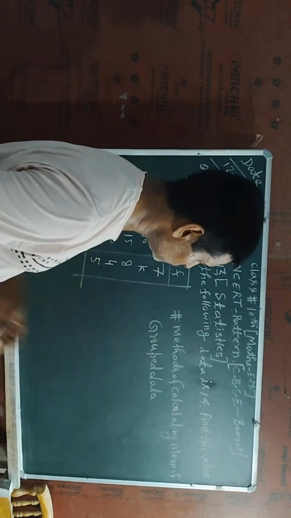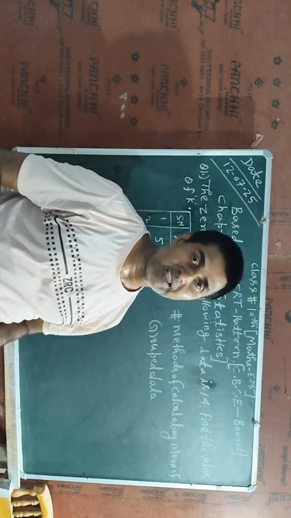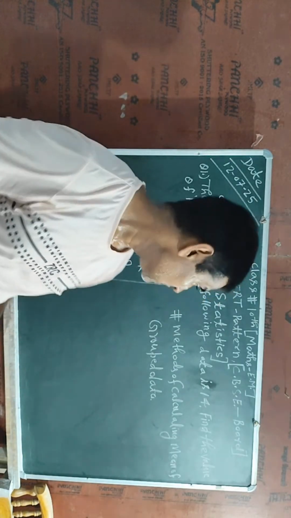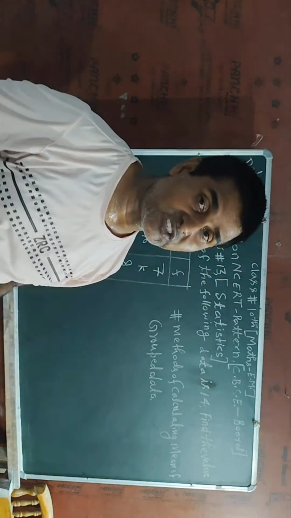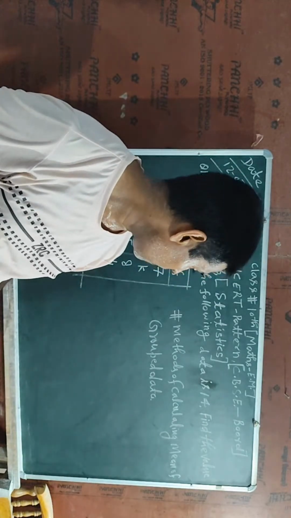Here we have to calculate the mean of grouped data. It means there will be classes, and each class is defined with a certain interval. That is called grouped data. Now I will explain the mean of grouped data.